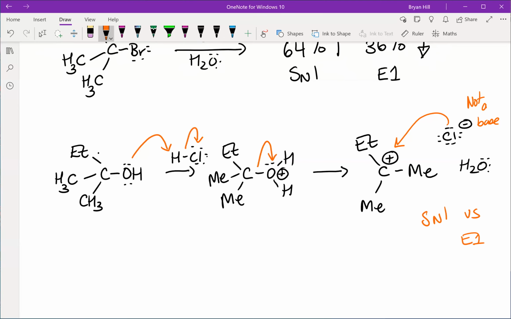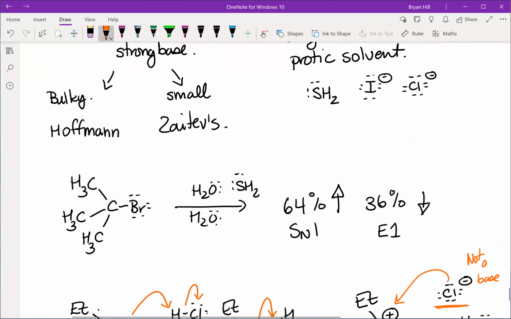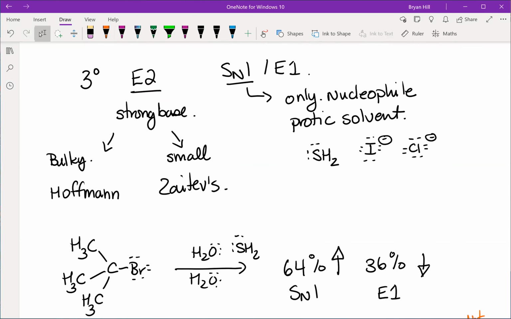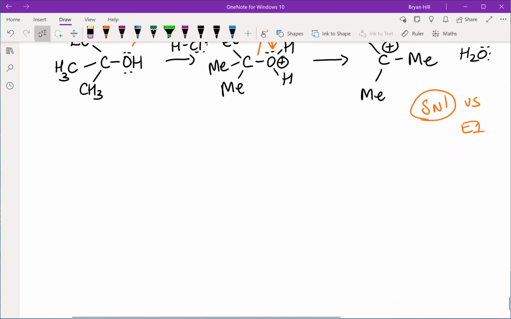But it's helpful if your Lewis base is a far better nucleophile than it is a base, and that's going to promote the SN1 over the E1. But for tertiary alkyl halides, E2 eliminations happen super quickly. So just use a strong base and that'll work.